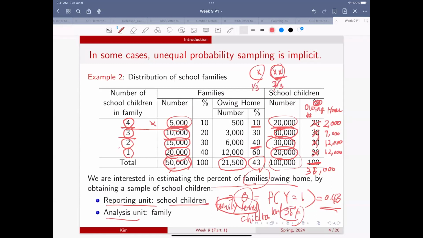If you select using school children as a sampling unit, then the selection probability for families will be different, unequal, due to the unequal distribution of the children. So this area is sometimes called length bias.